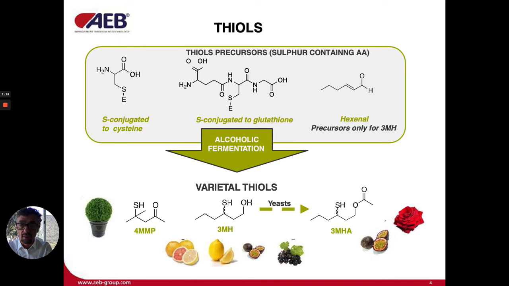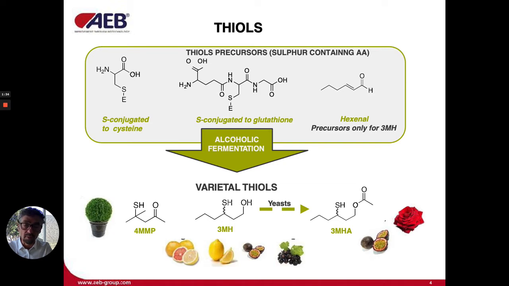Talking about thiols, they are normally derived from a sulfur, including amino acid like cysteine, like glutathione. They're linked to those specific amino acids and need to be released.